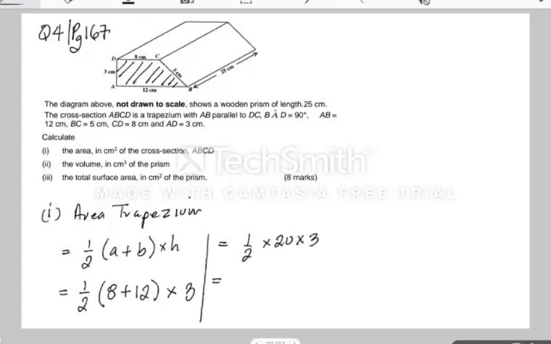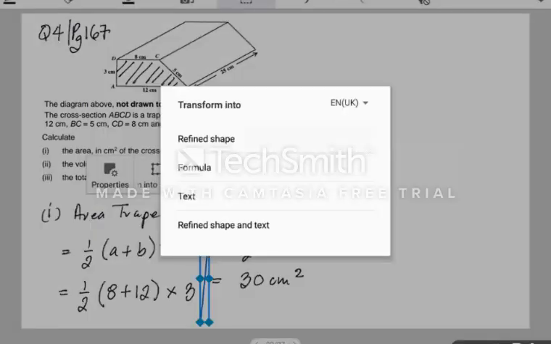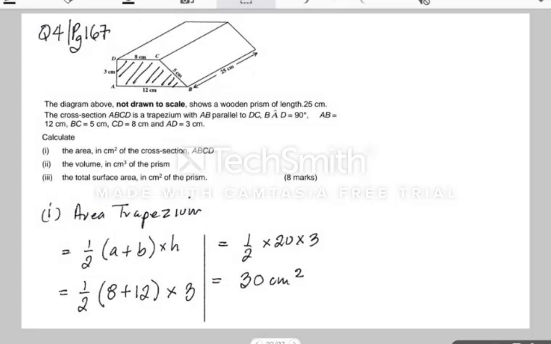A half of 20 is 10. 10 times 3 would be 30 centimeters square. So the area of the trapezium is 30 centimeters square. All right, what next? The second thing we're asked to do is to calculate the volume in centimeters cube of the prism.